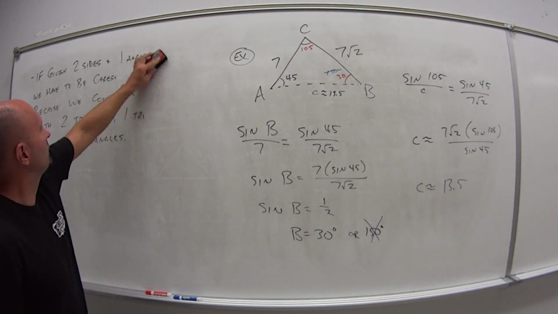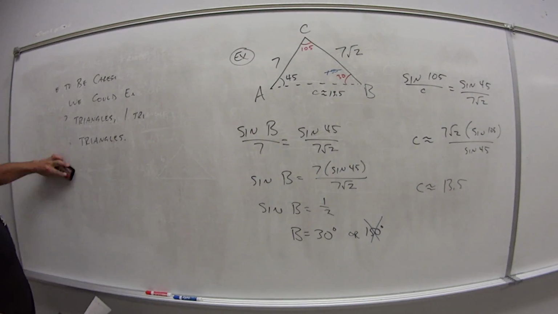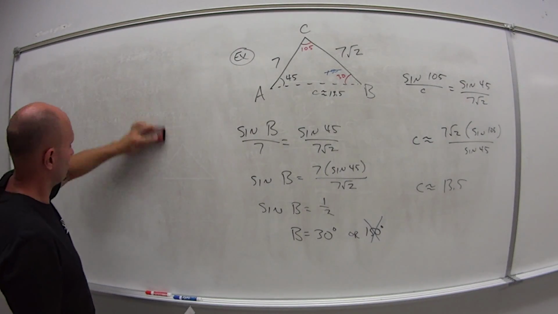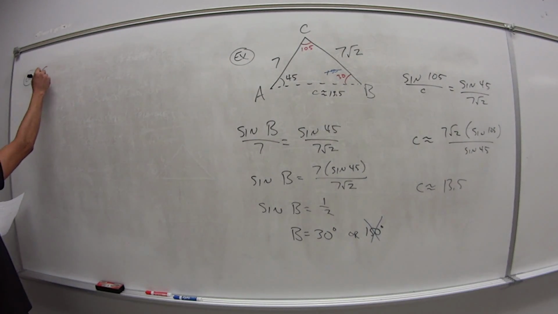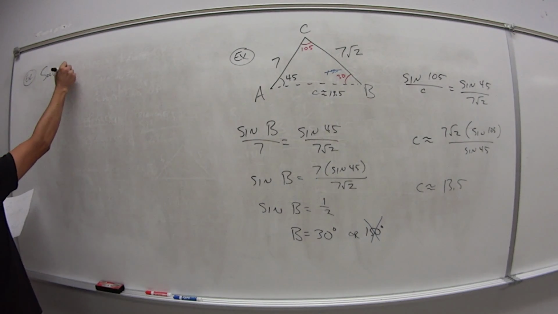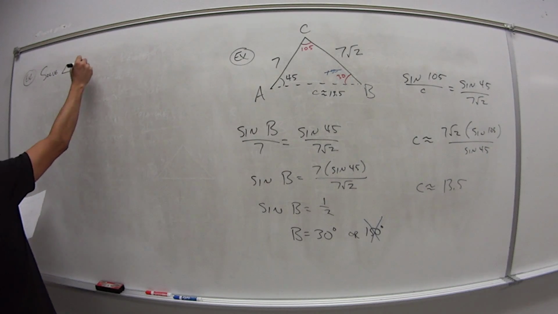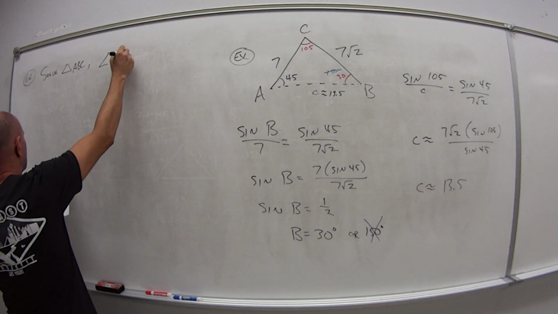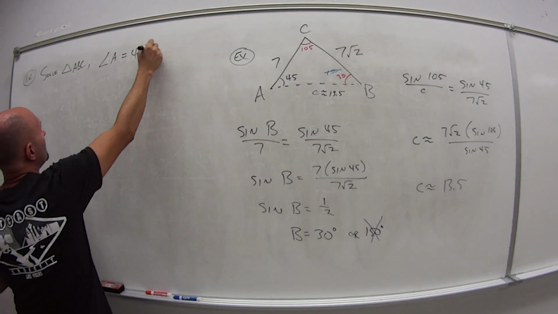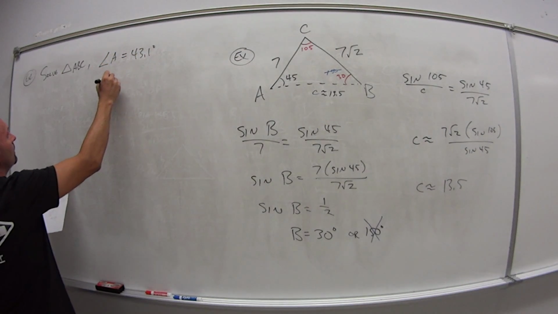All right, so now let's look at another case. Let's say I want to solve triangle ABC given the following. Angle A is 43.1 degrees.